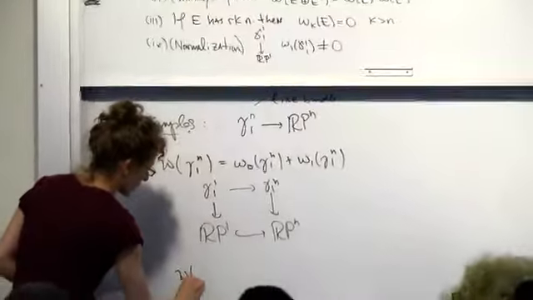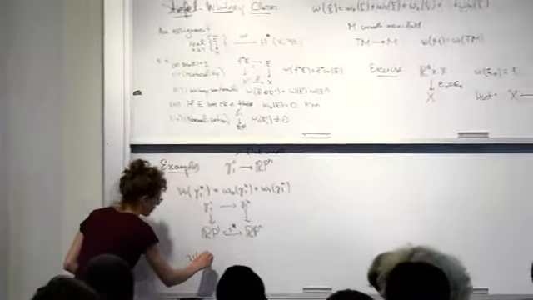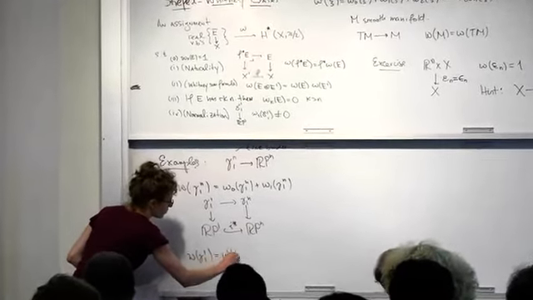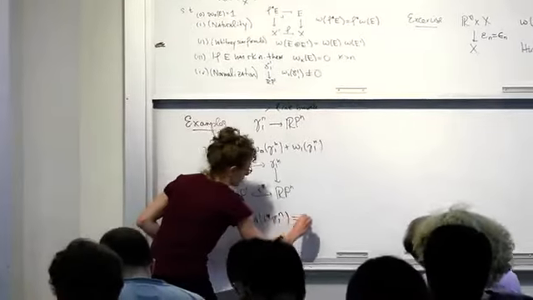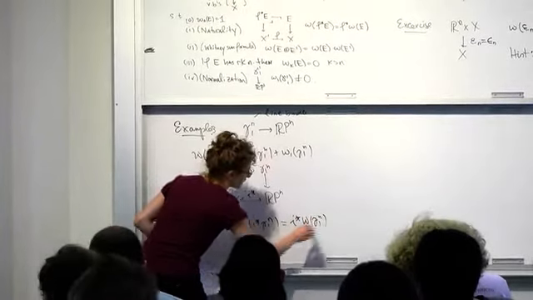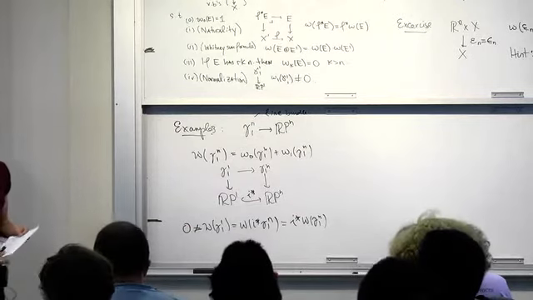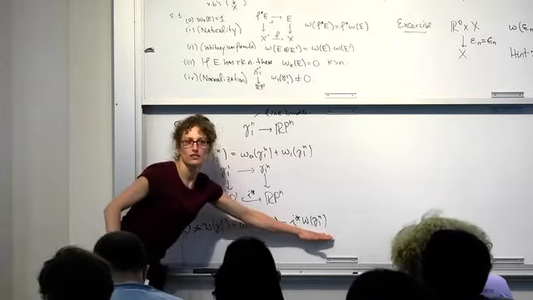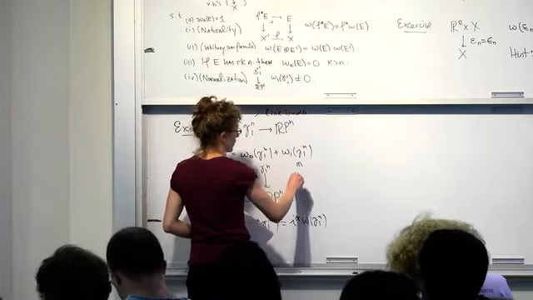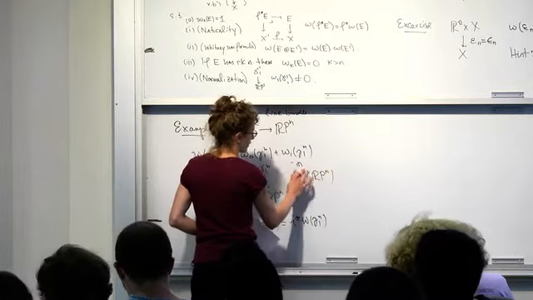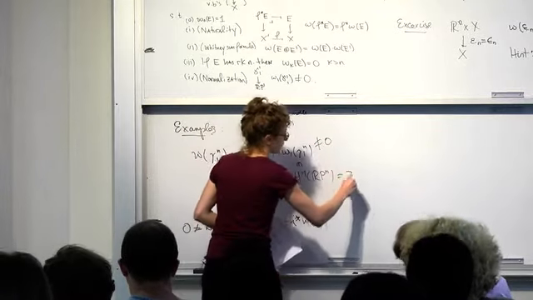And you know that I star of W of gamma 1n is W of the pullback of gamma 1n, which is W of gamma 1, 1. That's not 0. So that can't be 0. Okay? So this guy here is an element of H1 of RPN, and it's not 0. Okay?